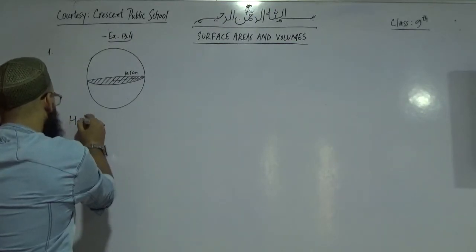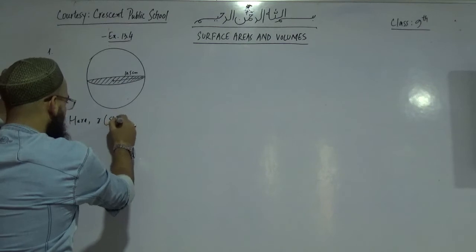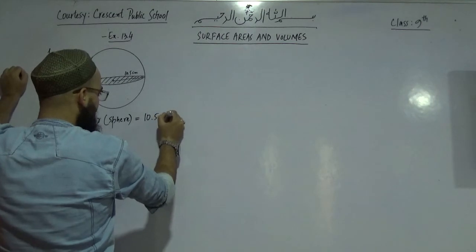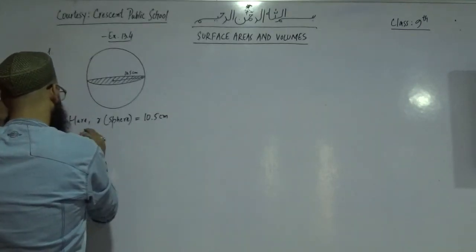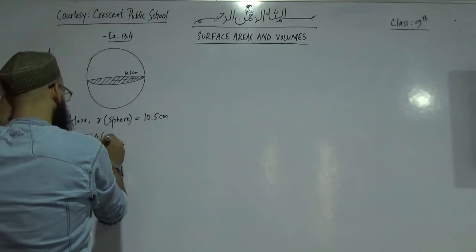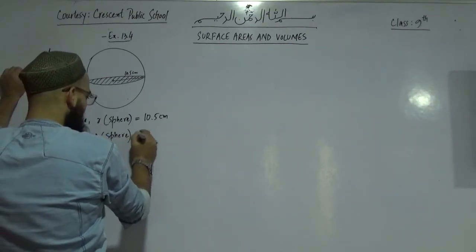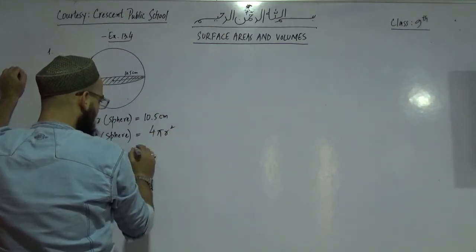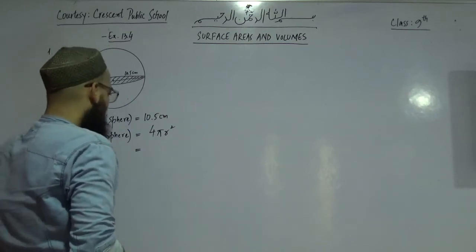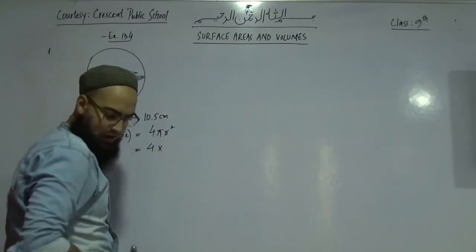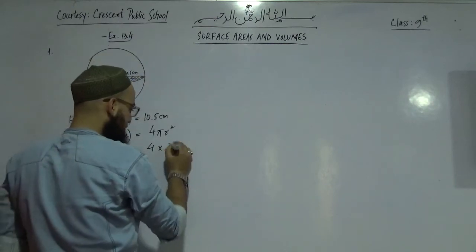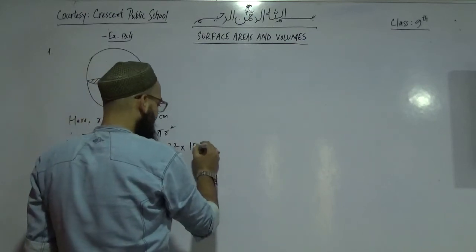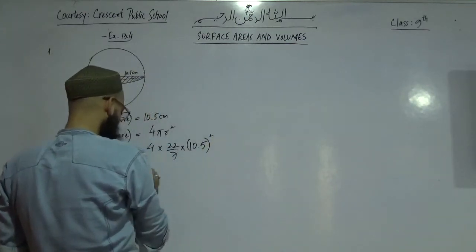Here, radius of sphere is equal to 10.5 centimeter. Therefore, total surface area of sphere is equal to 4 pi r square. 4, then you can use pi 22 by 7, times radius 10.5, then you need to do the square.